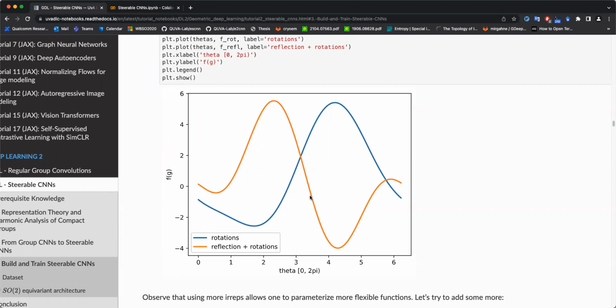So this is either this or this. Those are all the elements of O2.